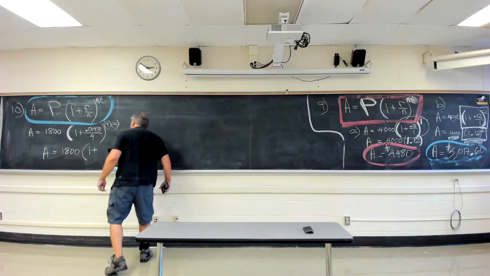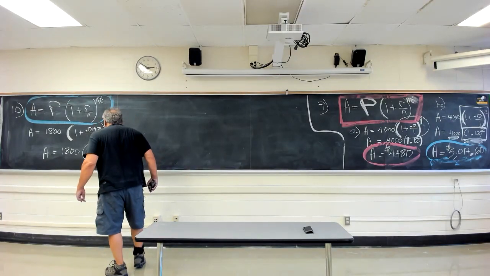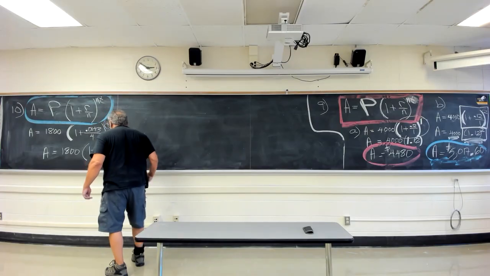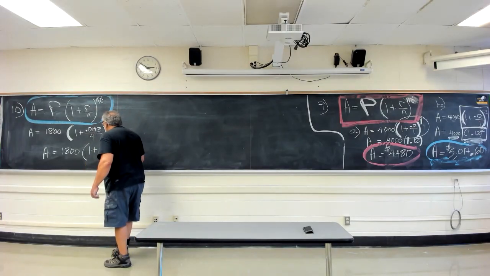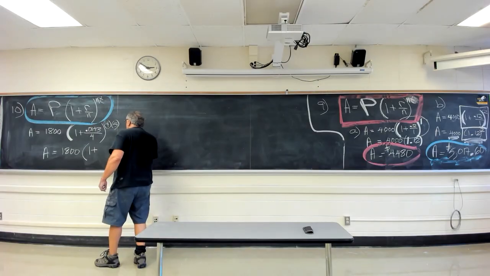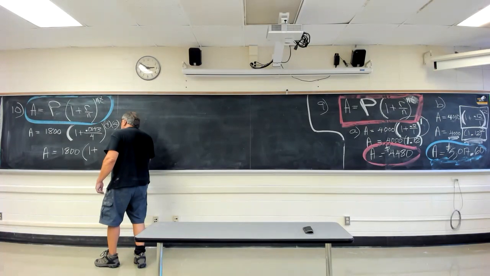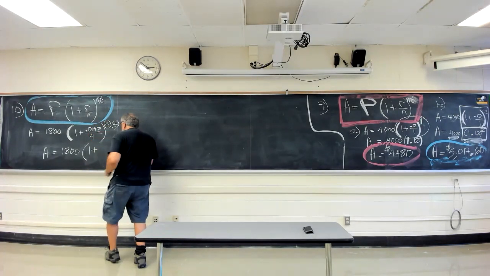So basically, 4.25 taken away from 40 is 35.75.